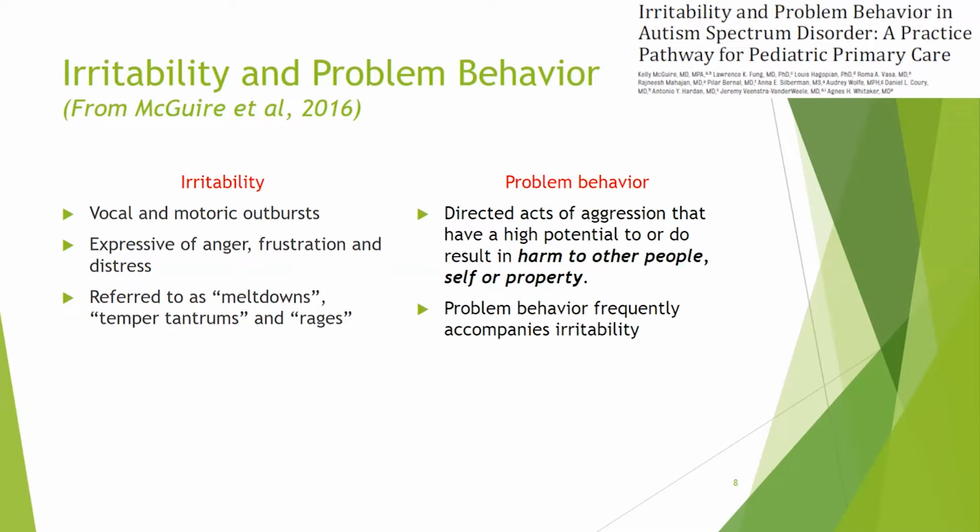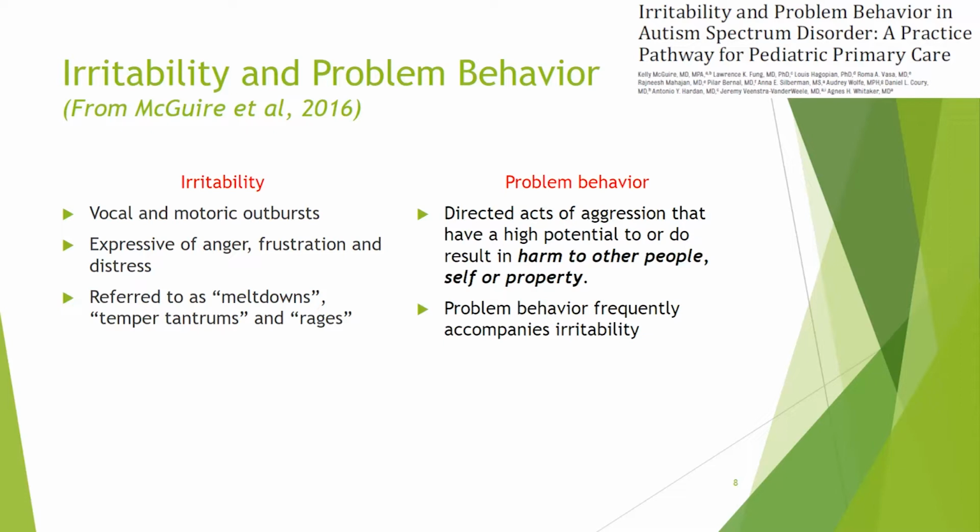In common parlance, they are referred to as meltdowns, temper tantrums, and rages. So when we talk about problem behavior, these are directed acts of aggression that have a high potential to result in harm to other people, self, or property.